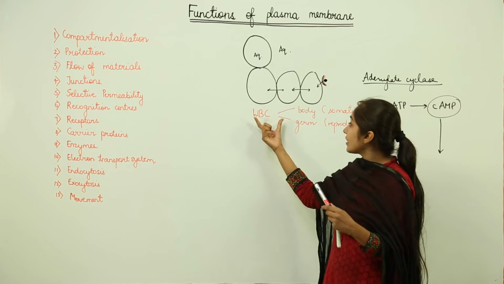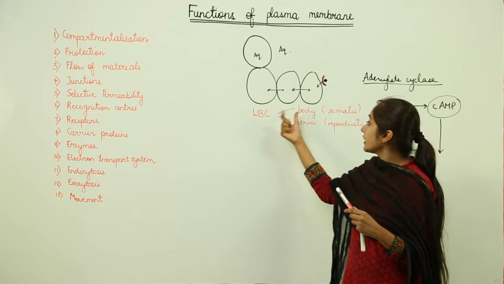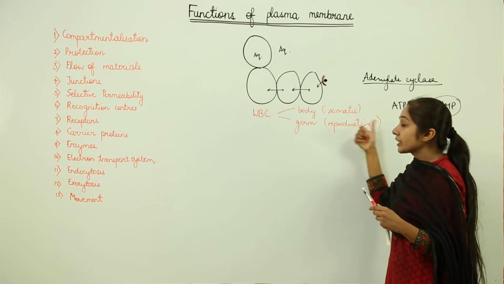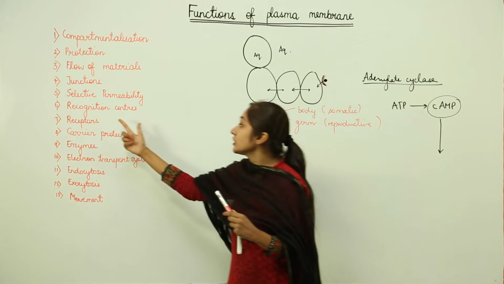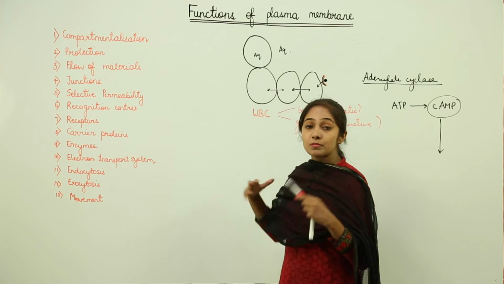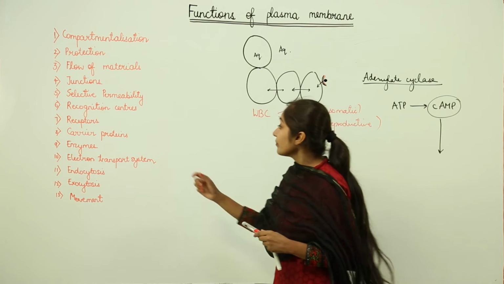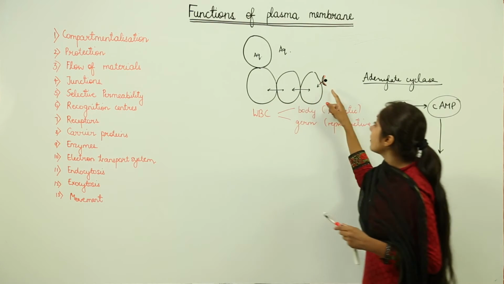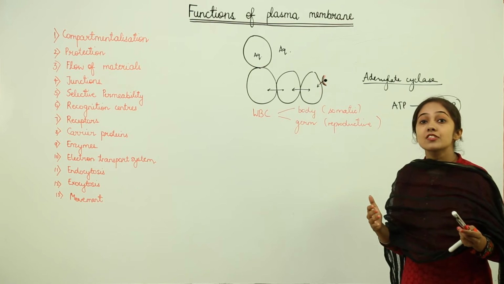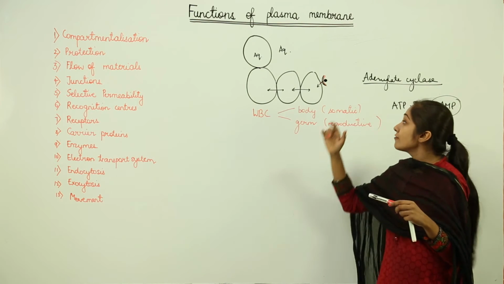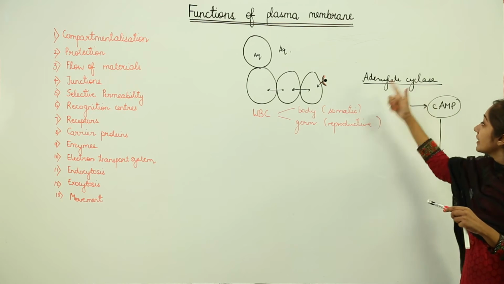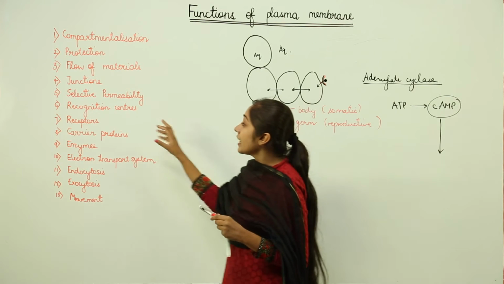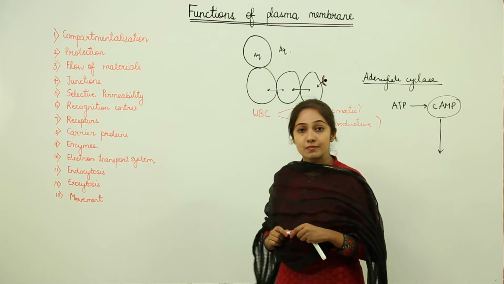So we have WBCs, which recognize the body cells or the somatic cells and reproductive cells based on what? The recognition centers, or the substances that are there on the membrane. Then we have these receptors. Well, I told you these receptors can receive hormones, they can receive certain enzymes also. I have given an example of the enzyme that is adenylate cyclase. What does it do? So these are also important functions of plasma membrane.